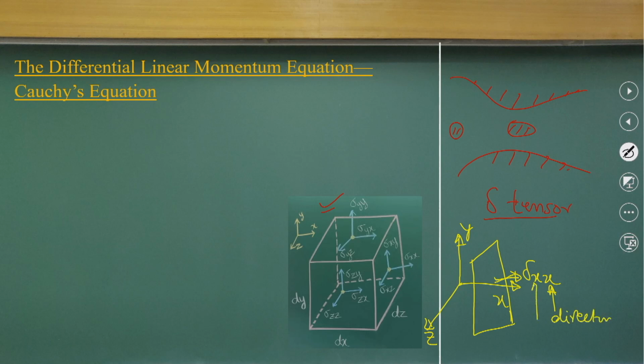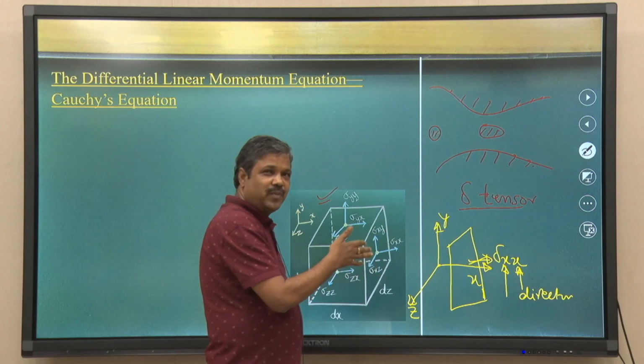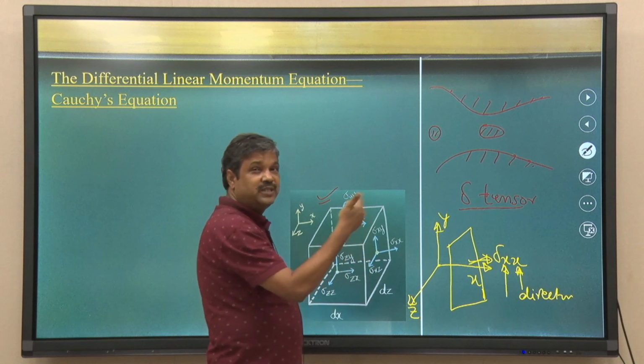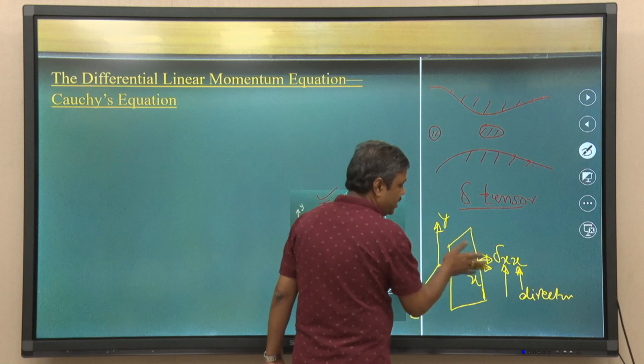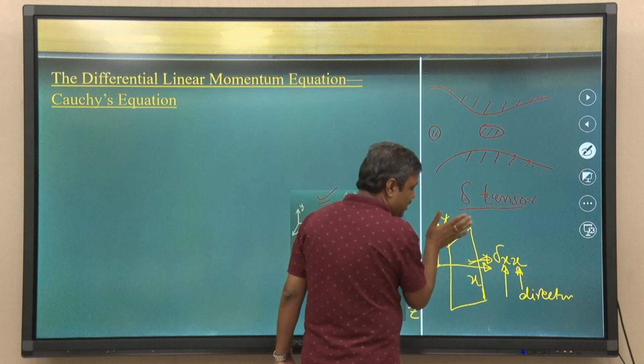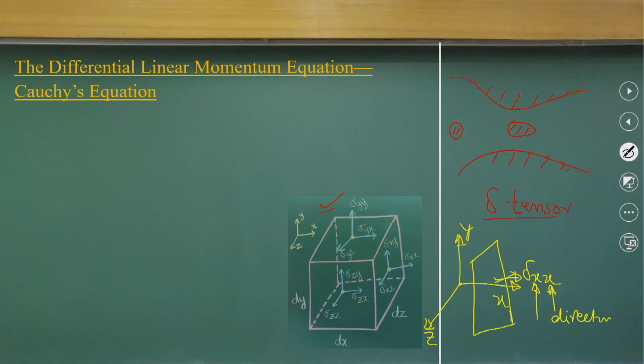The first subscript shows on which plane it acts, that is, the plane whose normal vector follows the x direction. That is how the plane surface indicator comes in.